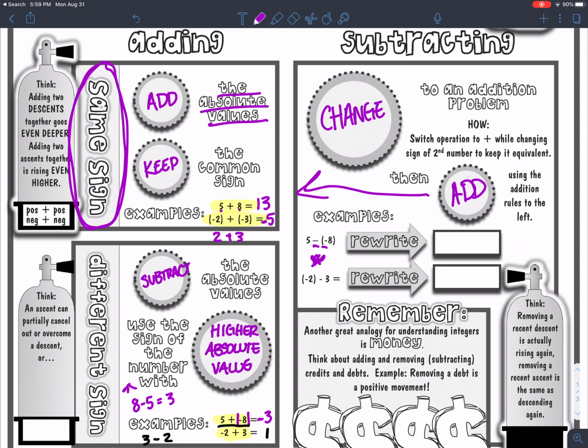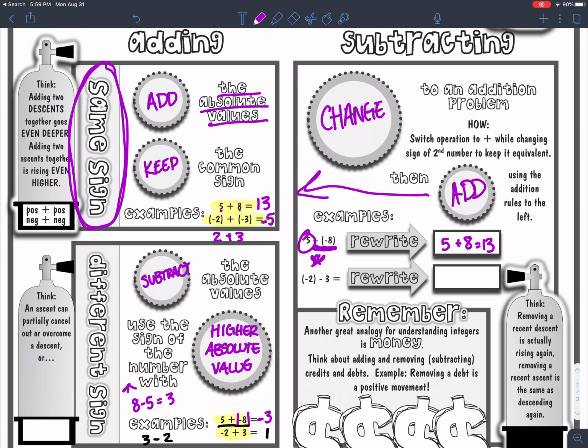We can rewrite that as plus. So instead of minus negative 8, we're going to write plus 8. And then we just keep our number in the front. And now that we have an addition problem, we can solve it. They're the same sign, so we add them and we keep the sign of the two numbers. We keep the positive.